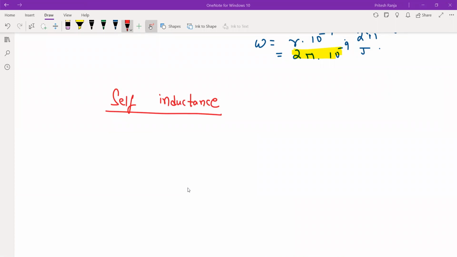So what was observed, that if there is any varying magnetic flux with respect to time, then EMF is induced.